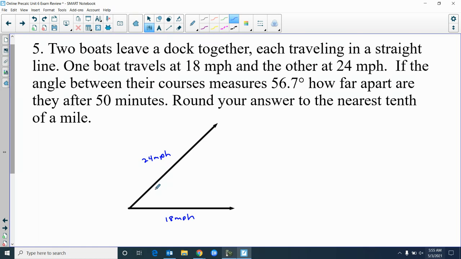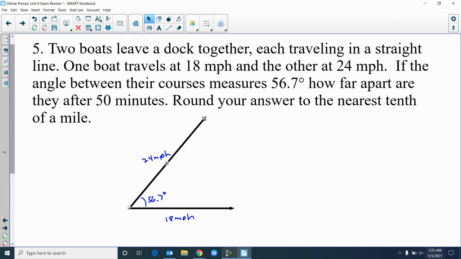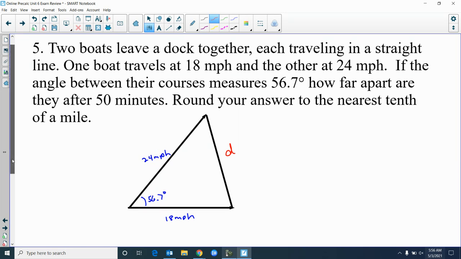And this is the angle between them, 56.7 degrees. Okay, we want to find the distance between them. The distance between them is this right here. That is our distance. This is going to be a side-angle-side case where I use the law of cosines.